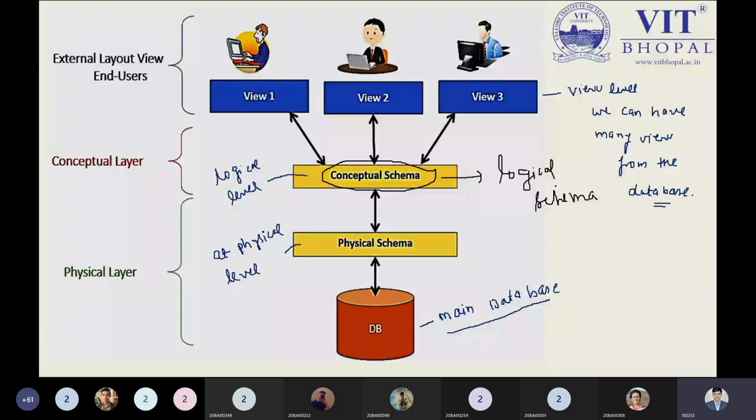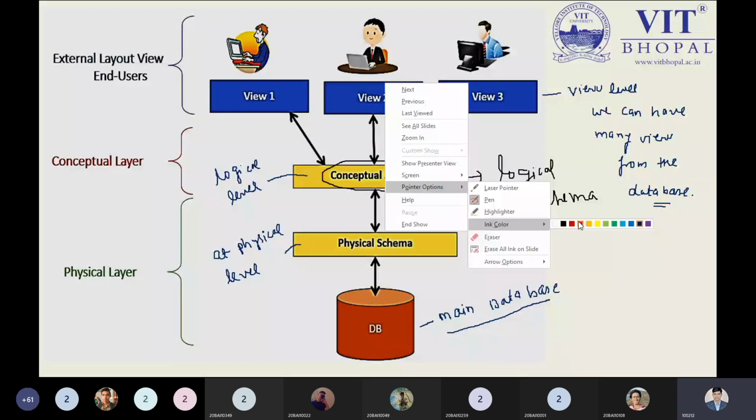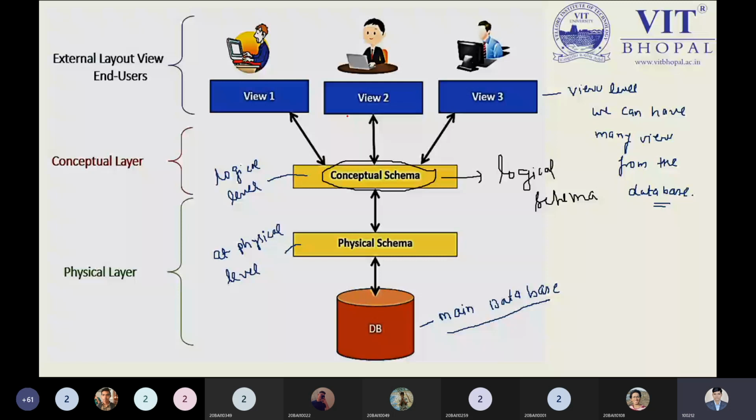I can explain it like this, by using all these levels of the schema. All the individual views, view 1, view 2, are known as the list of the subschema. For understanding purposes, I can write list of the subschema.